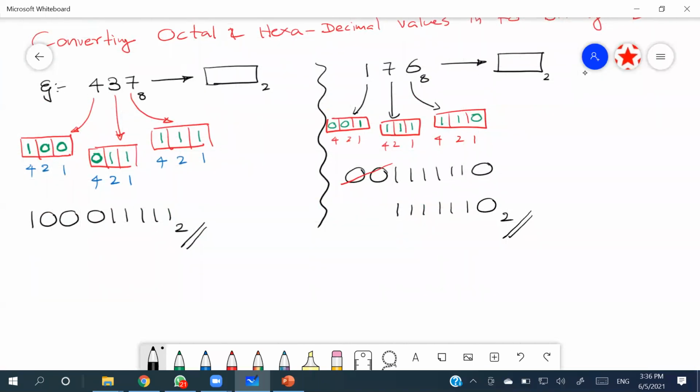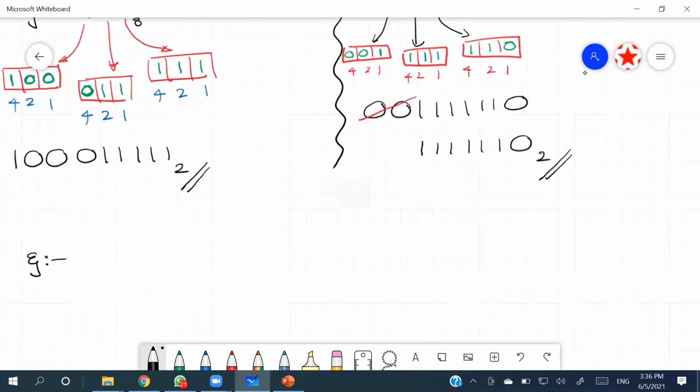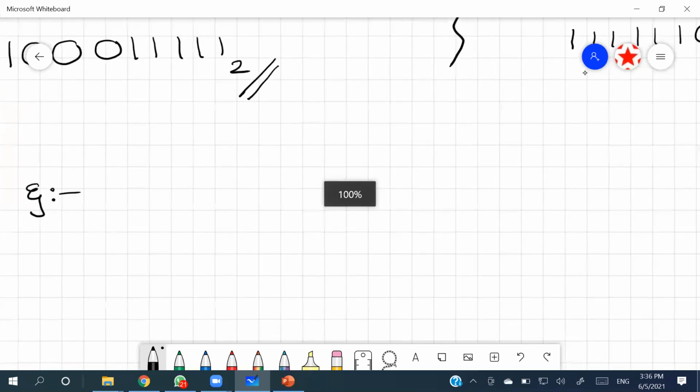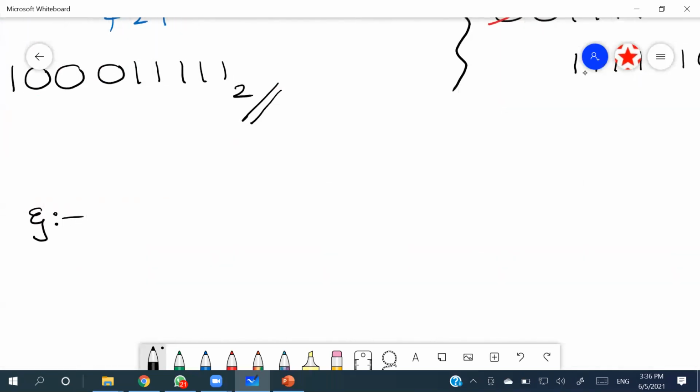So this explains how a hexadecimal value is going to convert into a binary.